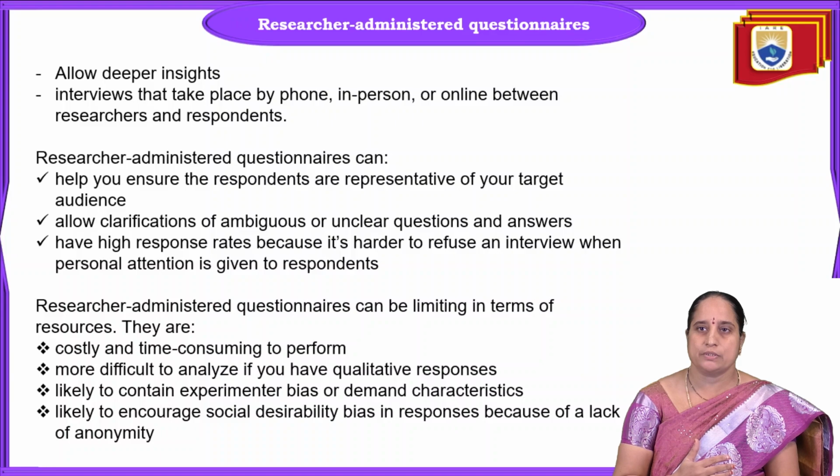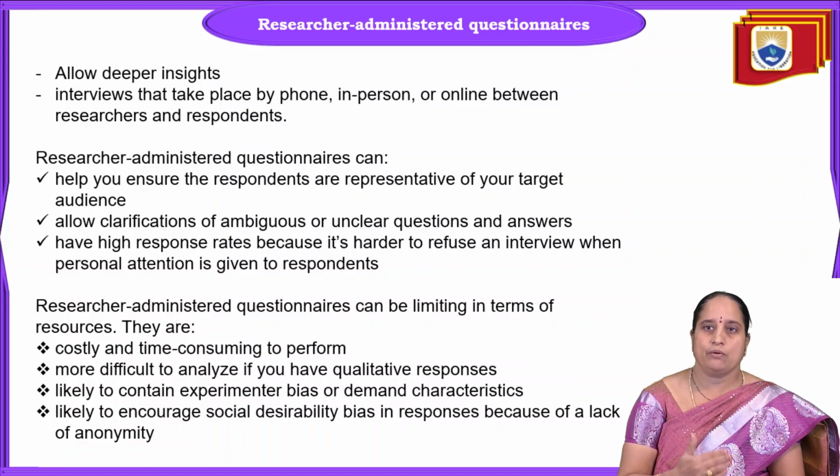Researcher-administered questionnaires can be limiting in terms of resources. What kind of resources are going to be considered under limiting factors? The first one is that it is highly expensive and time consuming to perform. It is also more difficult to analyze if you have qualitative responses. If we have quantifiable responses, they can be easily measured, but when you are talking about the attributes, qualities or characteristics of the respondents, it is somewhat difficult to analyze.